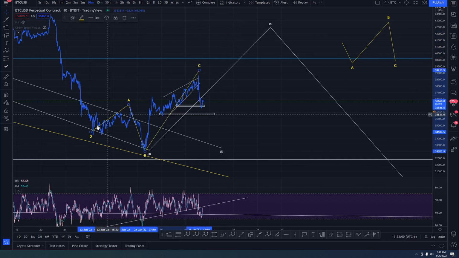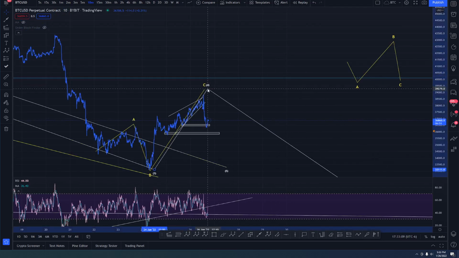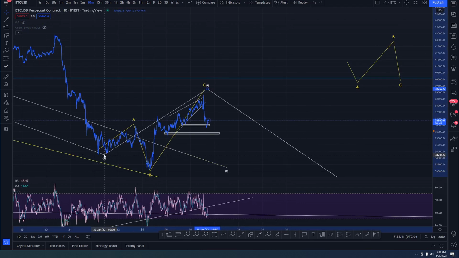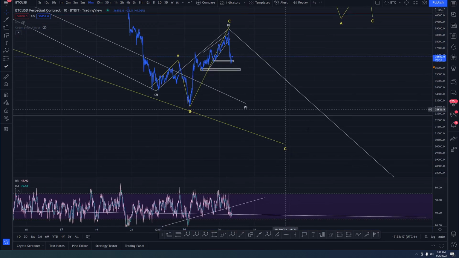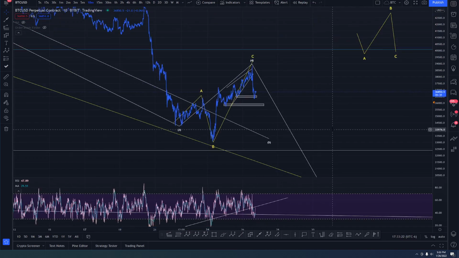But this could be the end of a flat here, which means we're getting an impulse to the downside. That's actually the 4th wave could be right here, and then we move that wave back here, that 3 there. So now this becomes a flat 4th wave, and then we come down for a 5th wave possibility here, something like that.